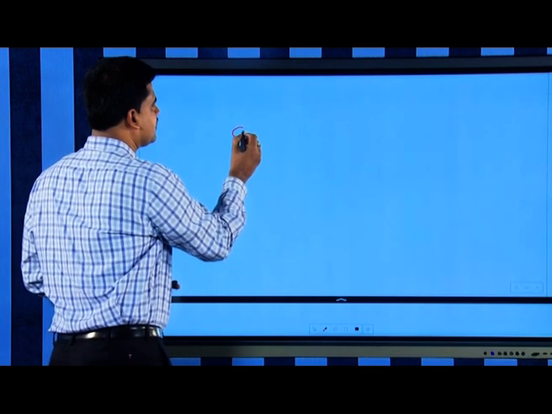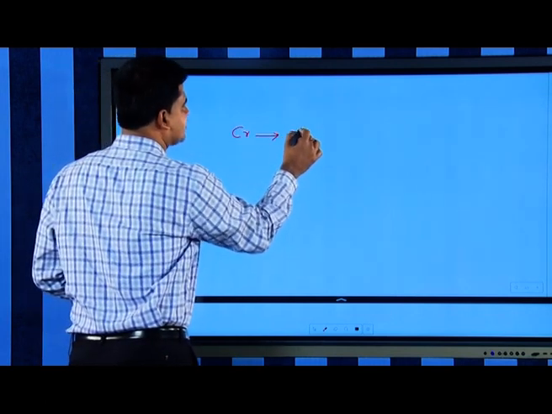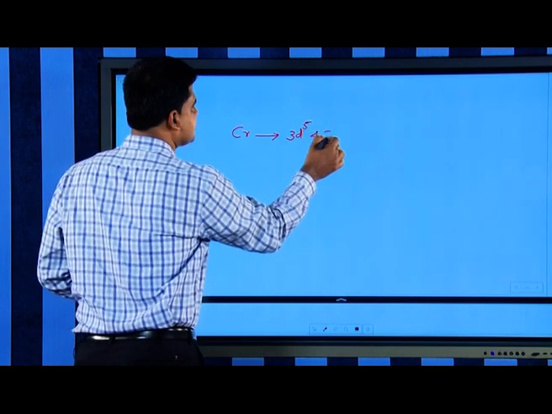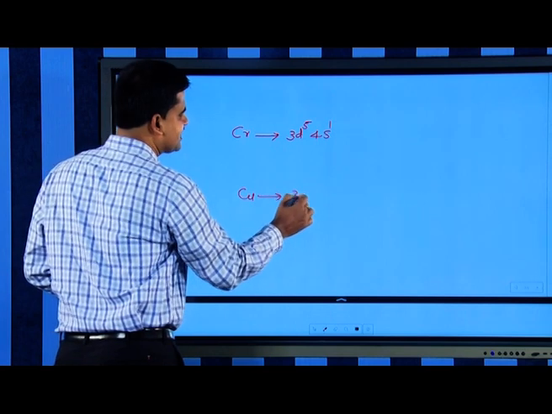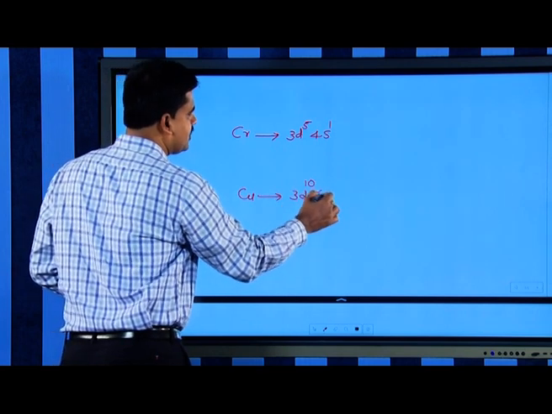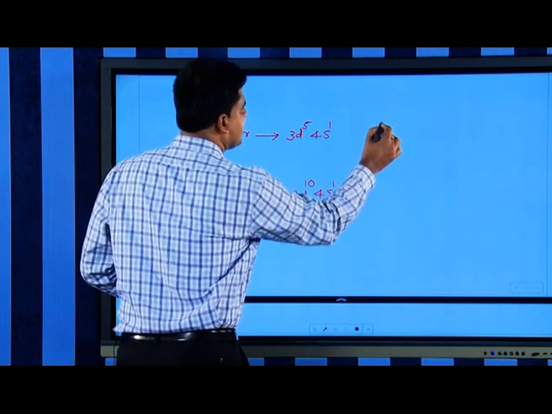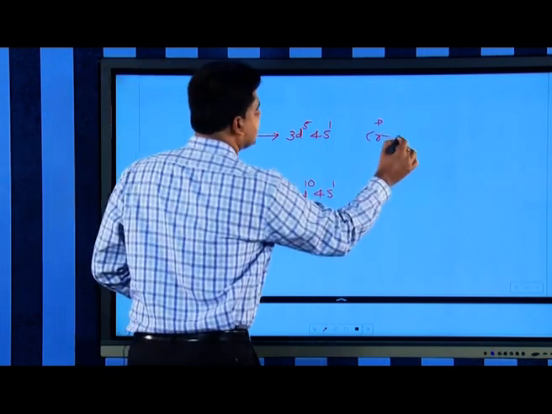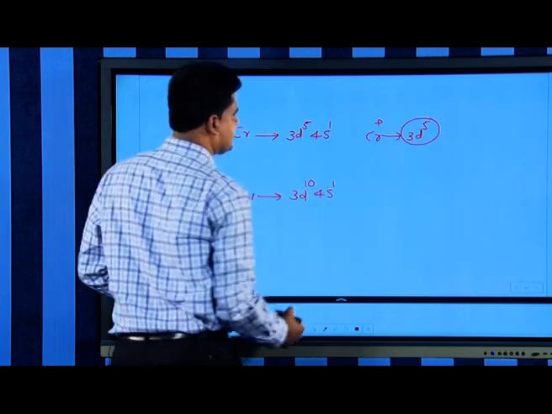Whenever I am taking chromium, we have the electronic configuration 3d5 4s1. For copper, the electronic configuration is 3d10 4s1. Thus, for Cr+, the arrangement is 3d5. This is a stable arrangement.